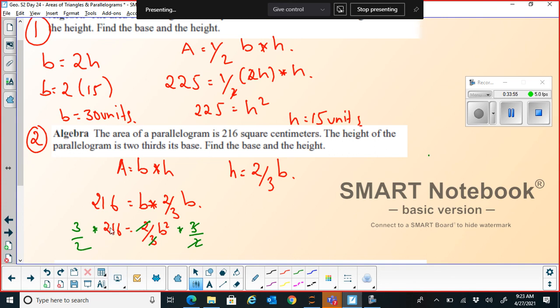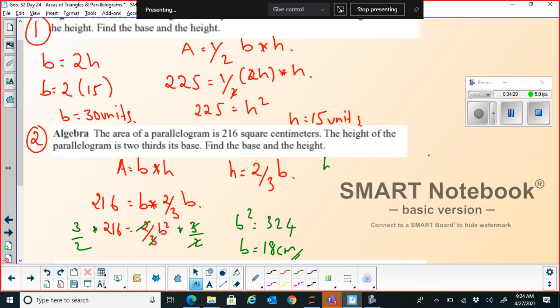Okay, so 3 over 2 times 216 gives us 324. So I'll have b square equals 324 if I simplify this. And taking square root of 324, I'll have b as 18. And the unit given to us was centimeters, so I'll just put centimeters.